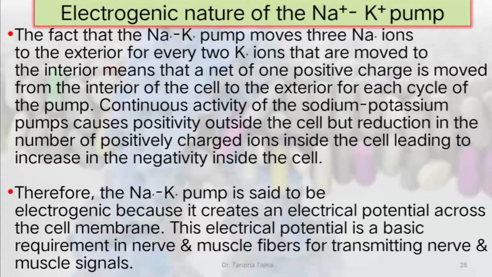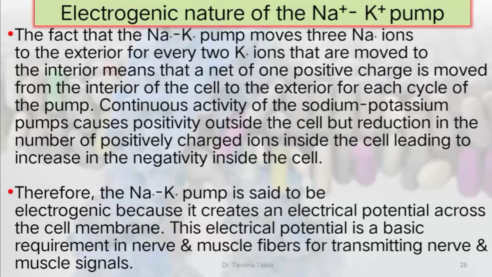Continuous activity of the sodium-potassium pump causes positivity outside of the cell, but a reduction in the number of positively charged ions inside the cell, leading to increased negativity inside the cell. Therefore, the sodium-potassium pump is said to be electrogenic because it creates an electrical potential across the cell membrane.